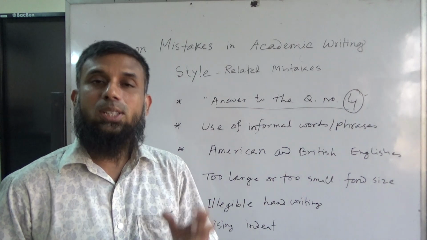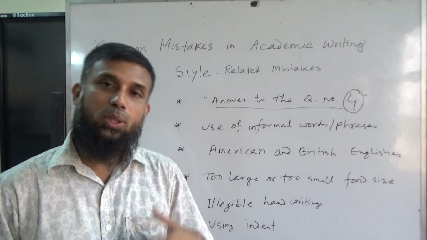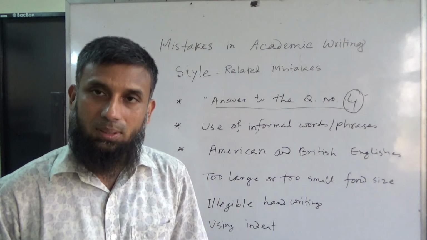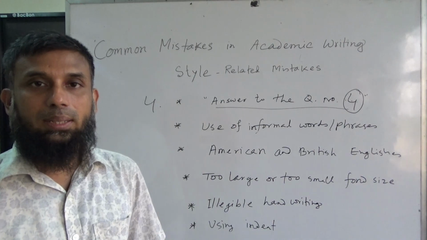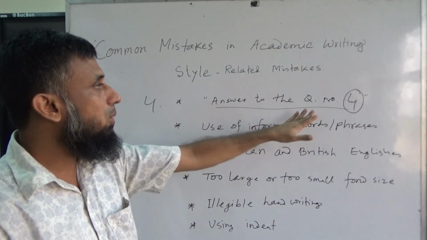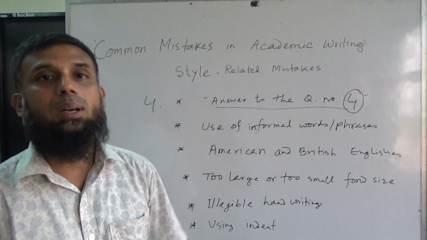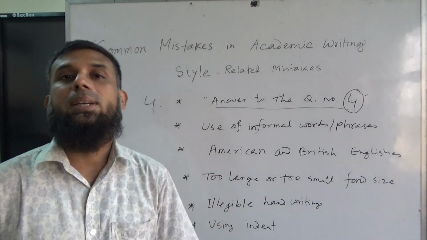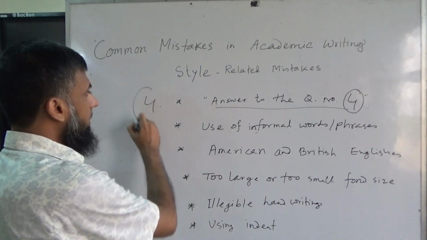The answer script is meant for writing answers, not questions. So we know that you are writing an answer. So you just write question number, and that is all. Why should you waste time writing "answer to the question number"? You have 10 questions and 10 times you have to write it, and it does not have any effect on the score. So you should just write down question number 4.